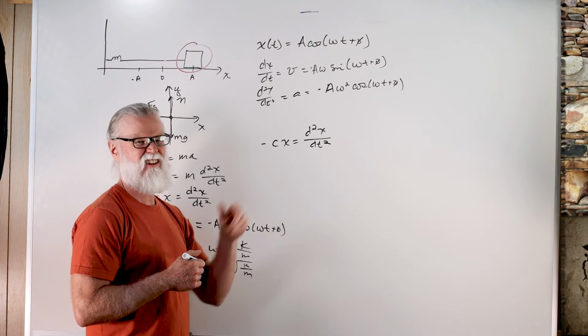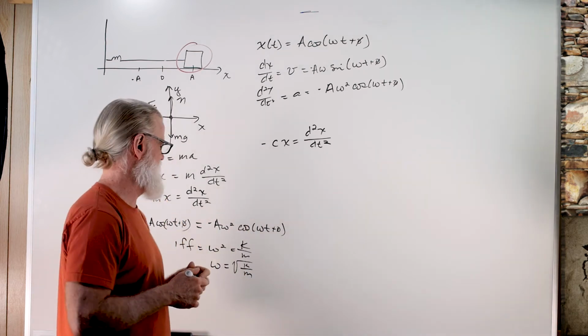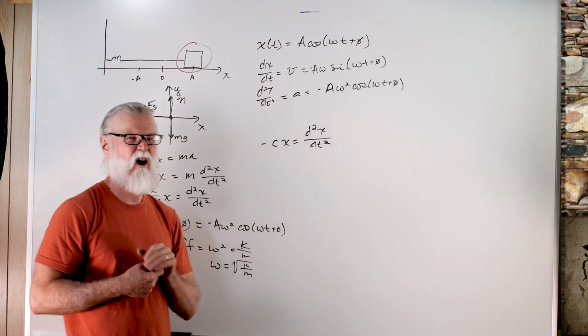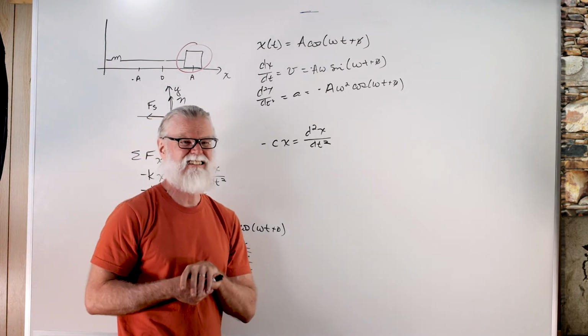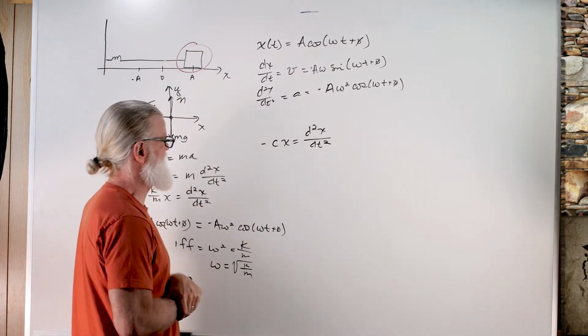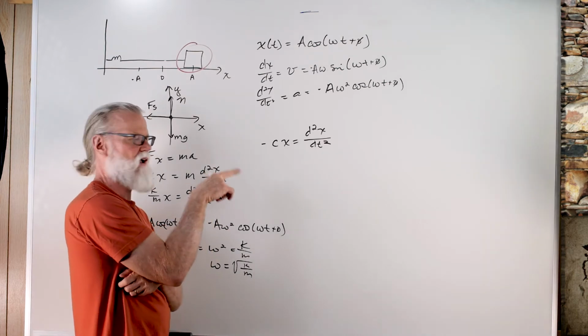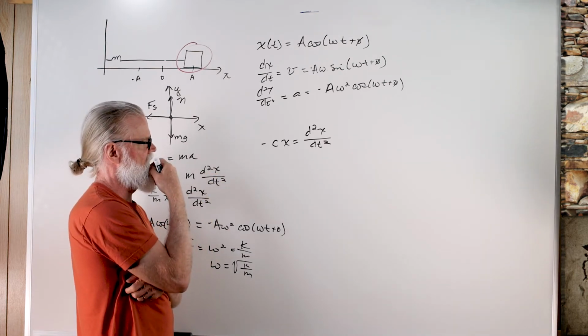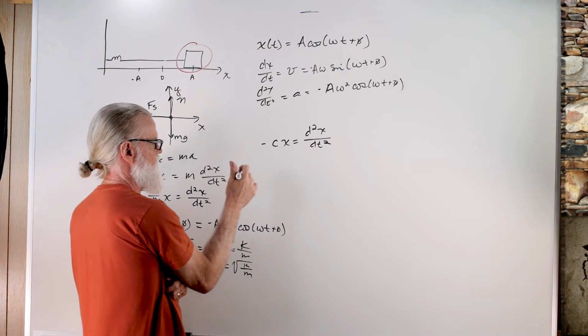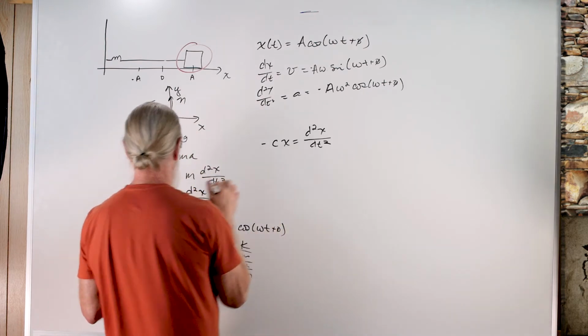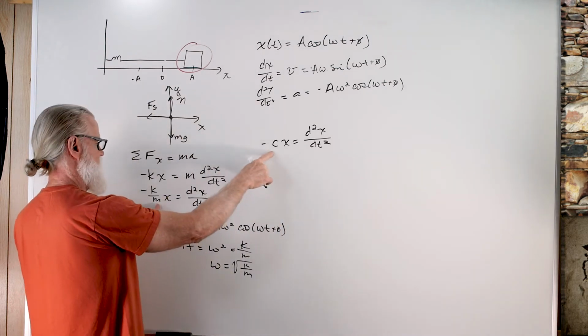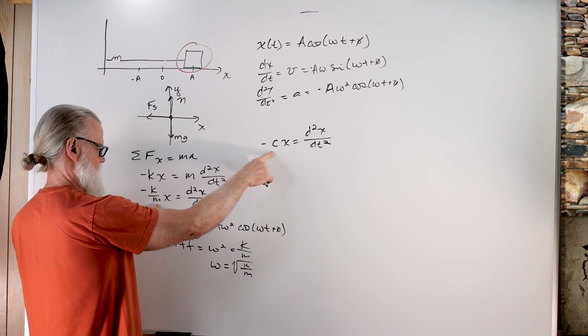What is the significance of C in this case? What is C? Why don't you take a moment, see if you can figure out, if I see this, what does C represent in this case? Pause the video now. This represents a simple harmonic oscillator, right? Where we can look at this and see that in this case, C took the place of k over m.